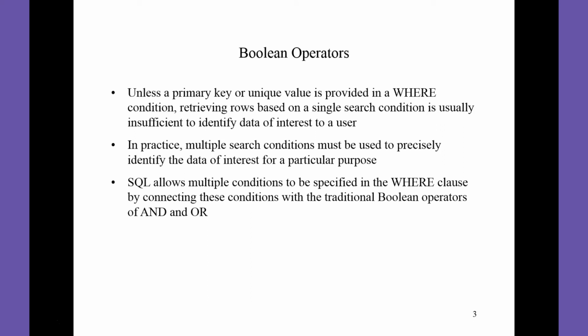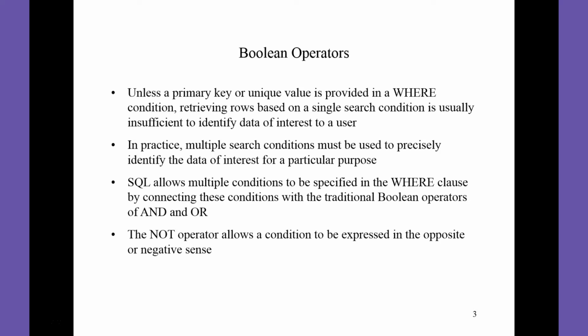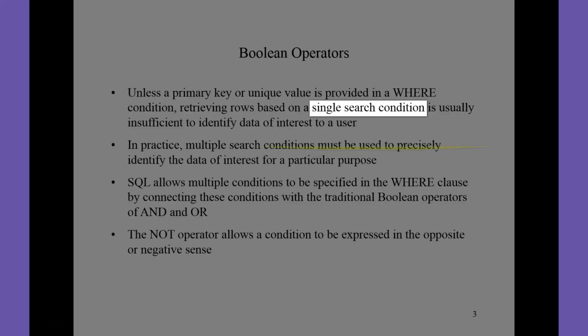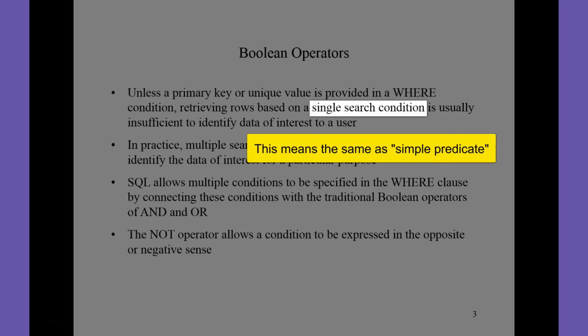SQL allows the multiple conditions to be specified in the where clause that we discussed in our previous lecture. What we'll do is take the simple conditions and combine them using the Boolean operators that we've addressed. And we'll also talk about negation to kind of get the opposite effect of a condition. So note that the term used here of single search condition is synonymous with simple predicate.